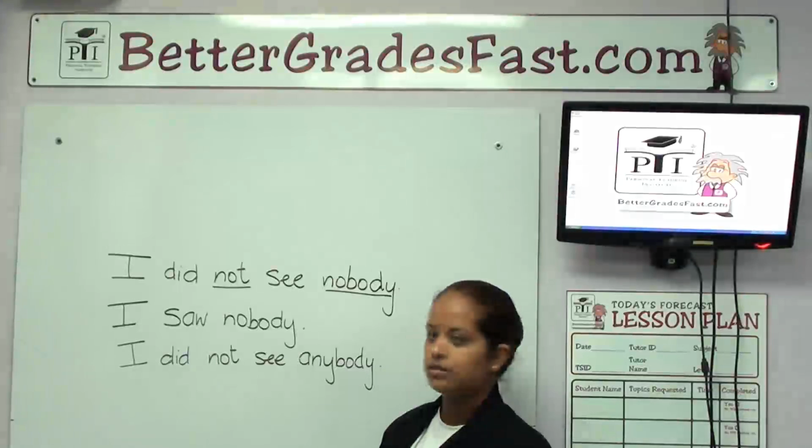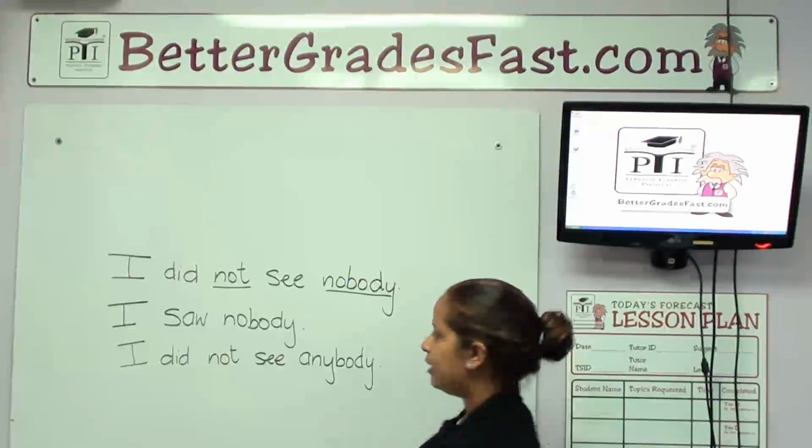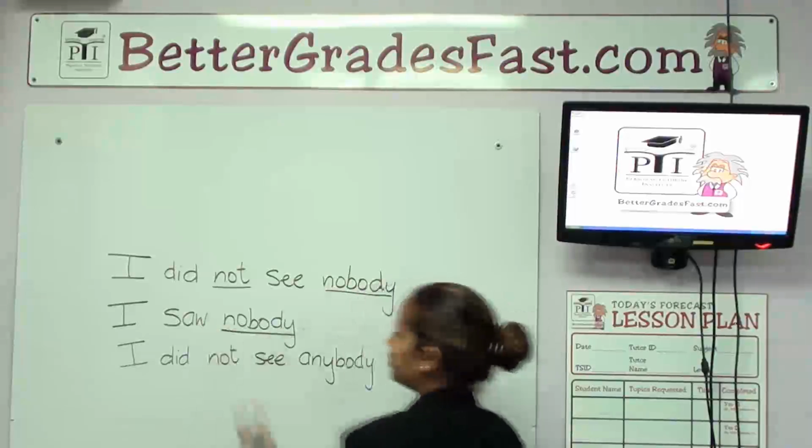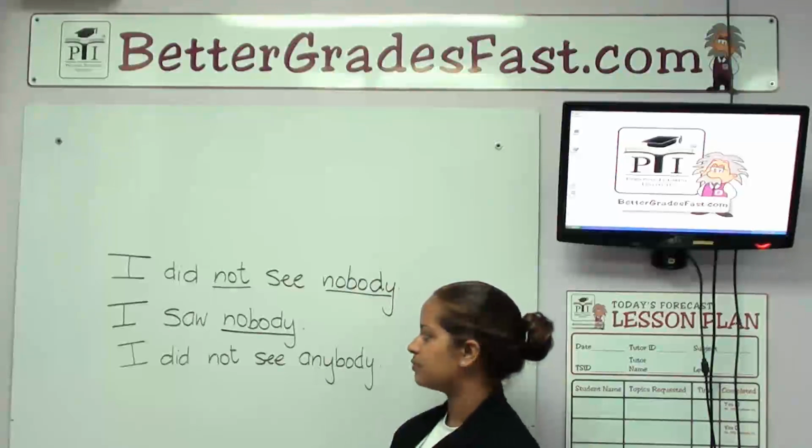The first one is, I saw nobody. Nobody is your negative word. You only have one negative word in this sentence, so this is correct.